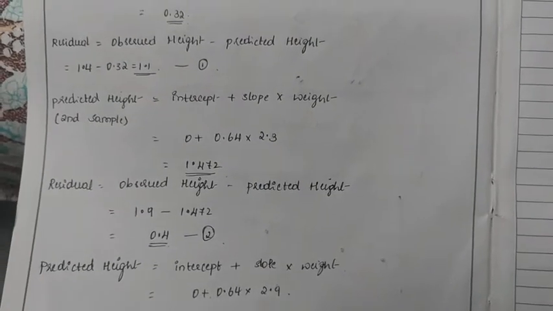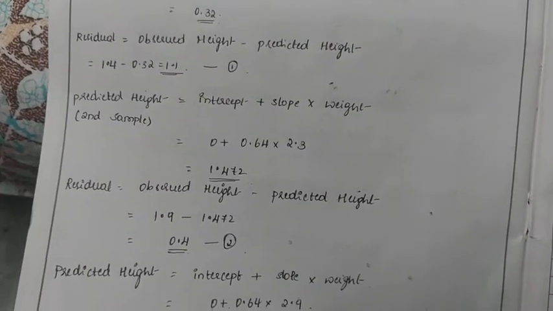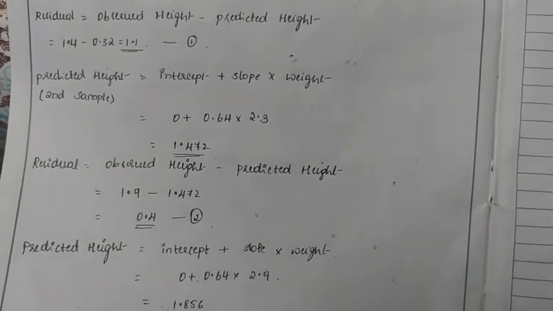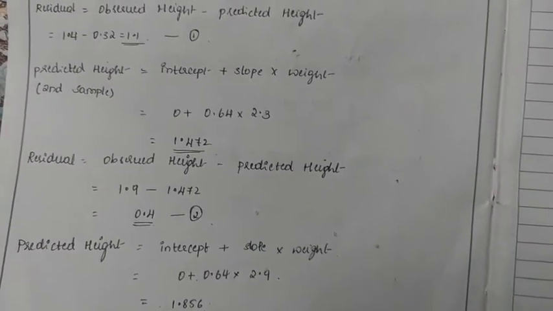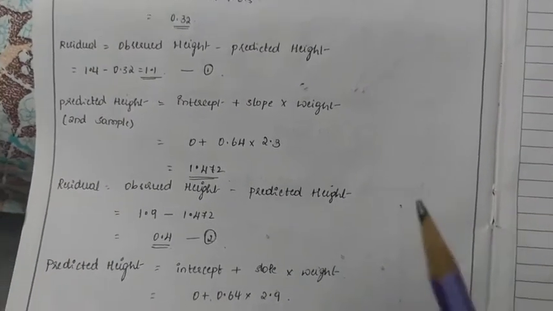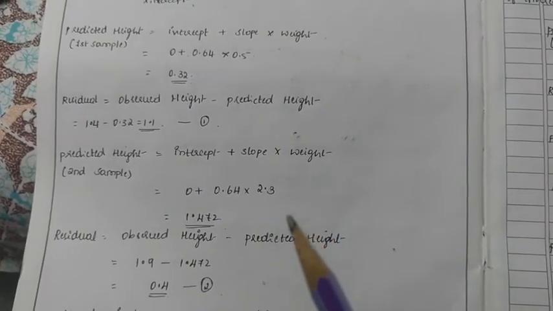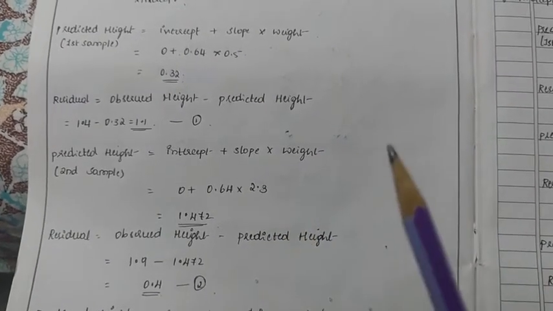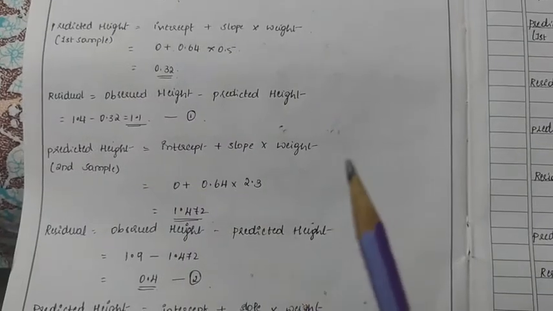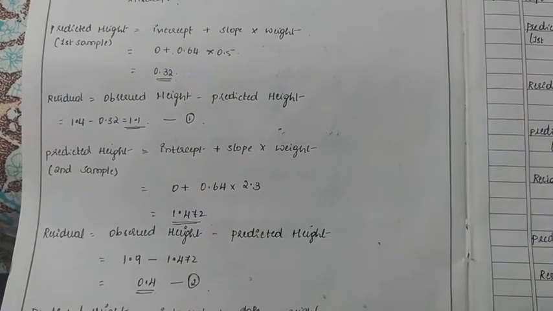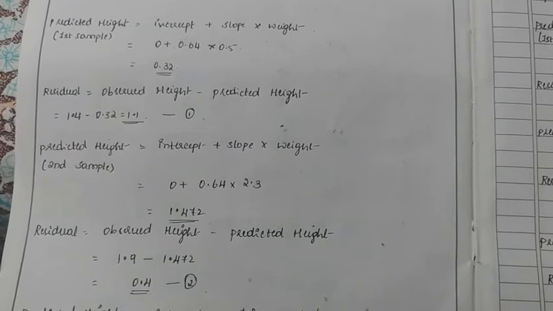So we have to find the error here. I told you error and residual are both the same. It is nothing but the observed height, or the actual height, minus the predicted height. The actual height we have got here is 1.4, minus the predicted height we got, which is 0.32. If we take the difference, 1.1 is the error.